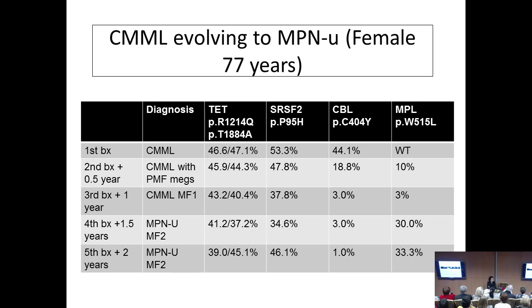So the particular appearance of this disease, a combination of MDS features and MPN features, is due to a combination of mutations, which can explain the morphological heterogeneity.